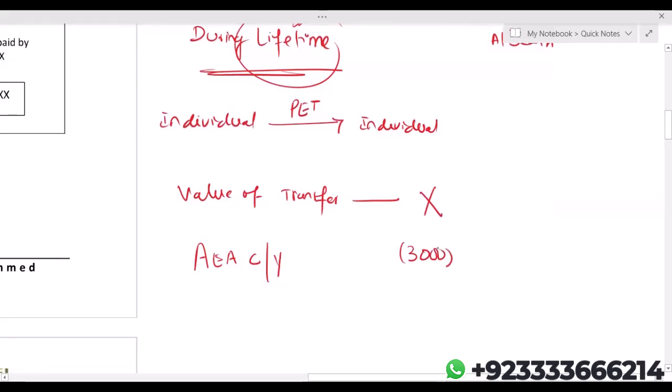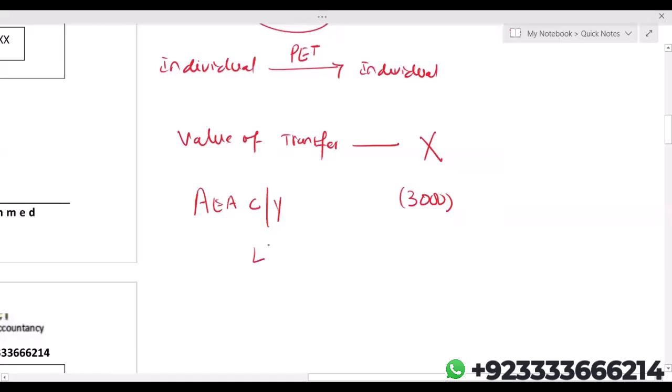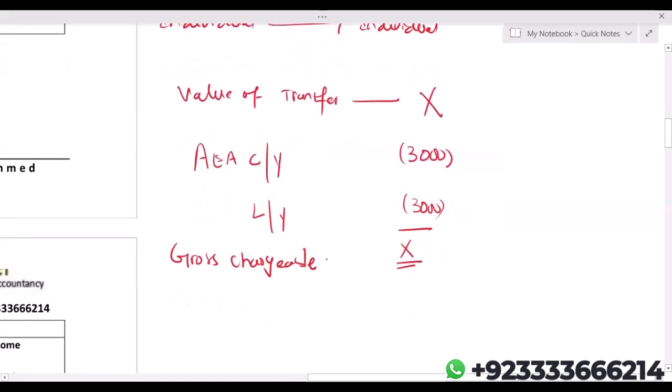If the previous year's annual exempt amount is not used, then last year's annual exempt amount. Whatever comes, there will be a gross chargeable amount carried forward.